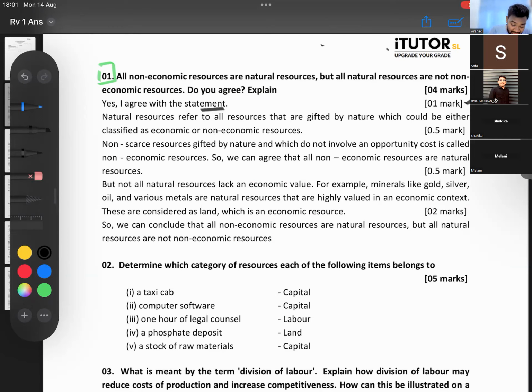Then I say non-scarce resources are resources available in unlimited terms. Non-scarce resources gifted by nature, which do not involve an opportunity cost, are called non-economic resources. Therefore, all non-economic resources are natural.